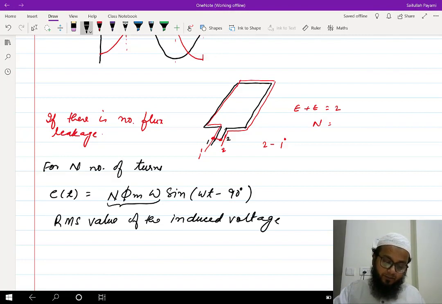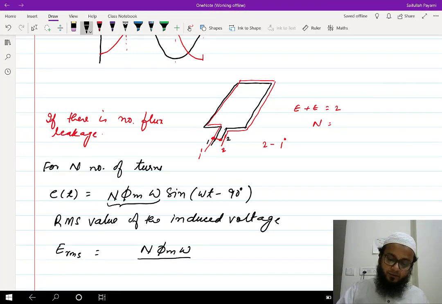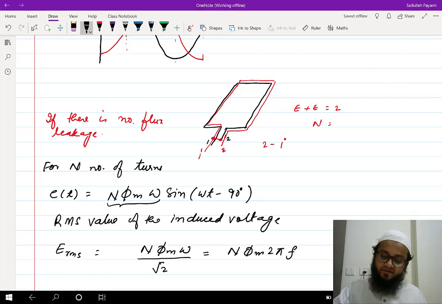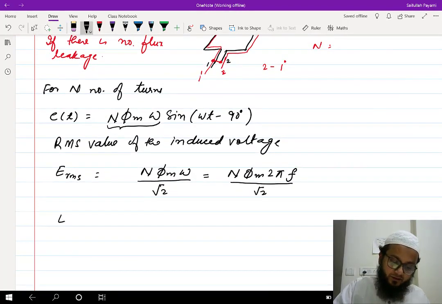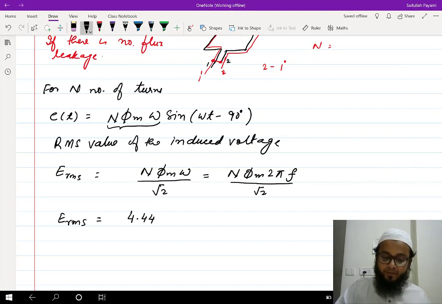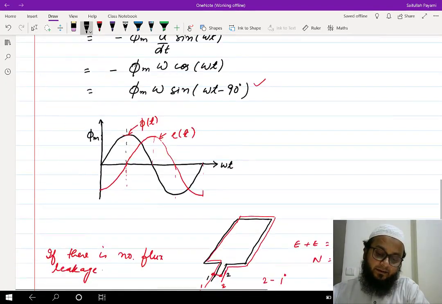So the RMS value of this, E RMS, I am writing, of the induced voltage, would be n phi m omega upon root 2, which can further be written as n phi m 2 pi f upon root 2. And if you solve it, E RMS would be 4.44 f phi m n.